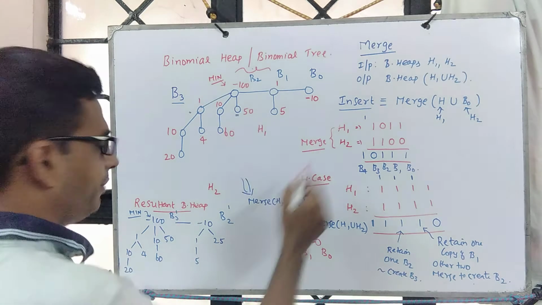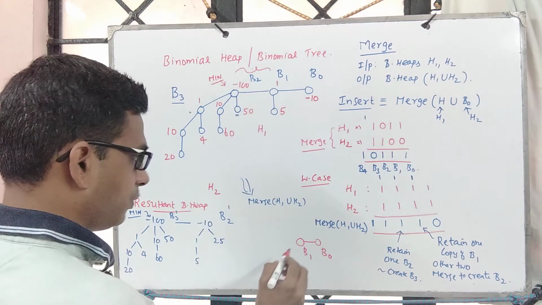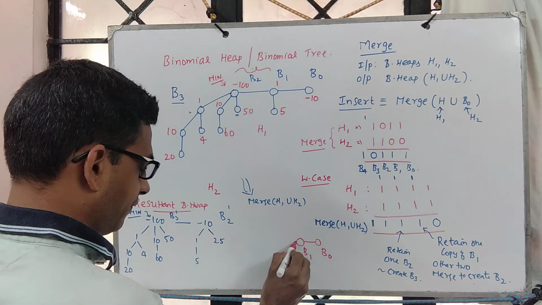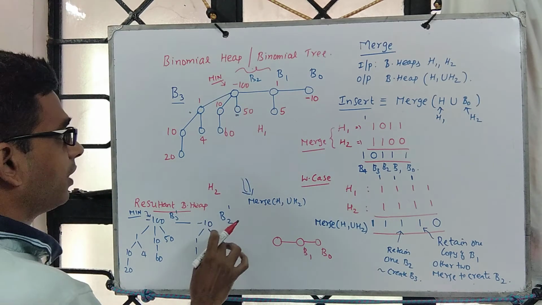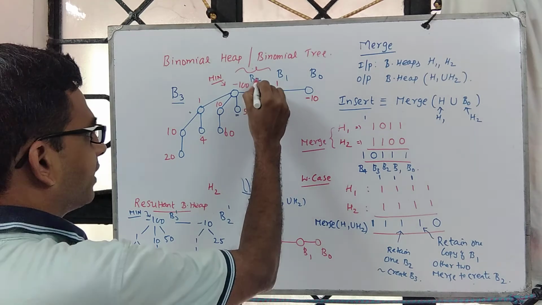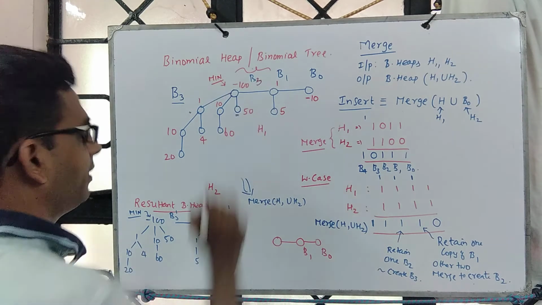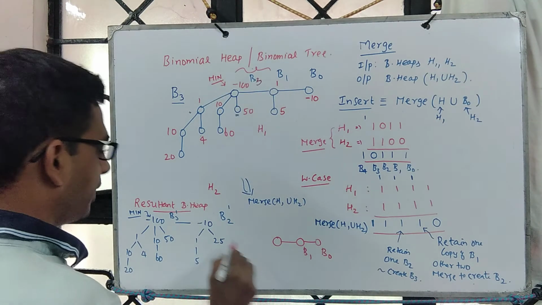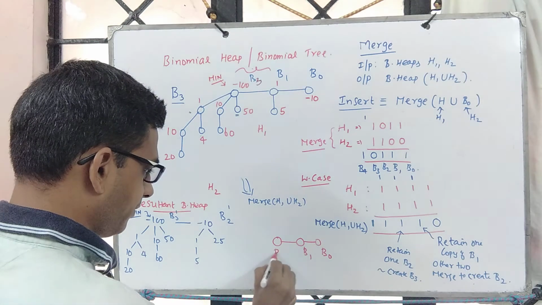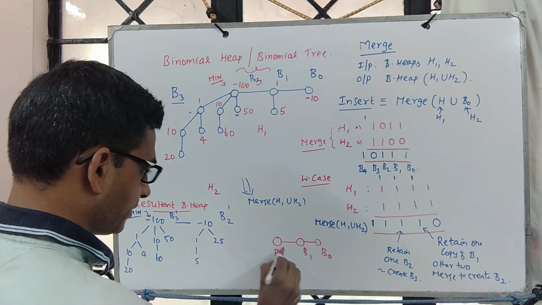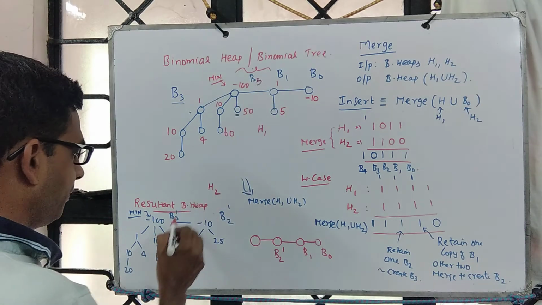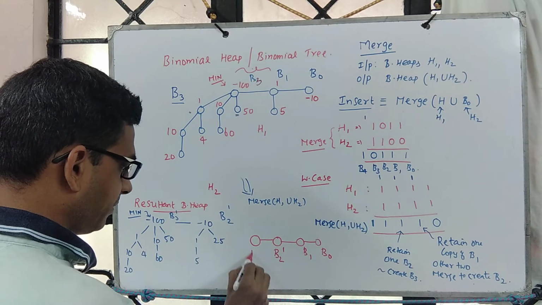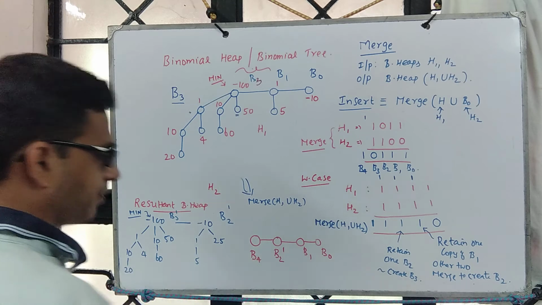And B2 prime, we have got two copies, so that we merge and create B3, and we have only one copy of B2 prime, so B2 prime comes as it is. Then you have B3 and B3 prime, you merge them and create one B4.